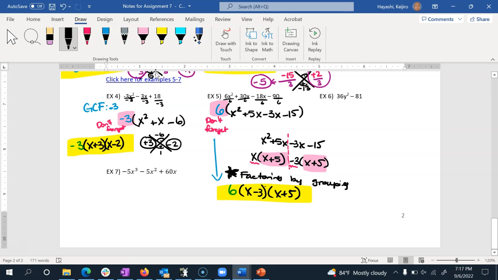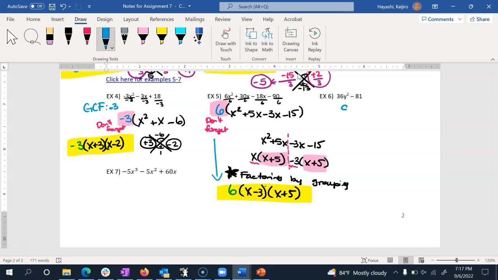36y squared minus 81. Is there anything you can factor out of both terms there? You might be surprised. 9 fits into 36, and 9 fits into 81.